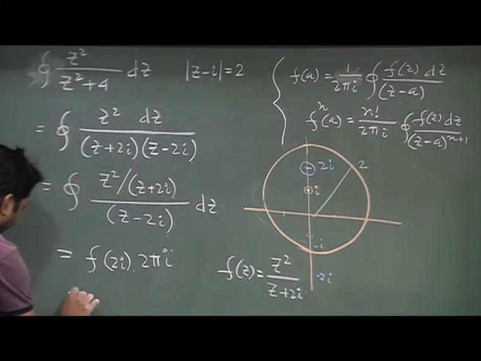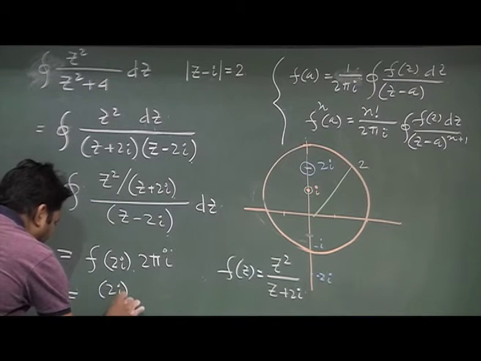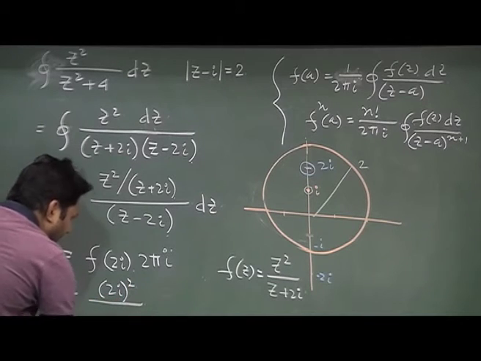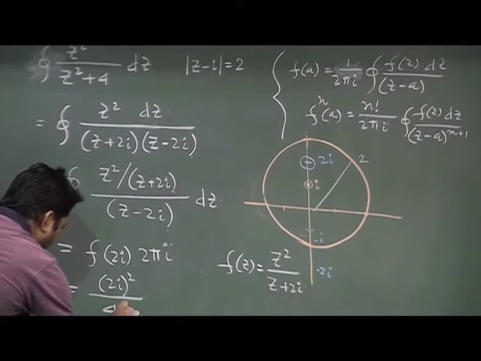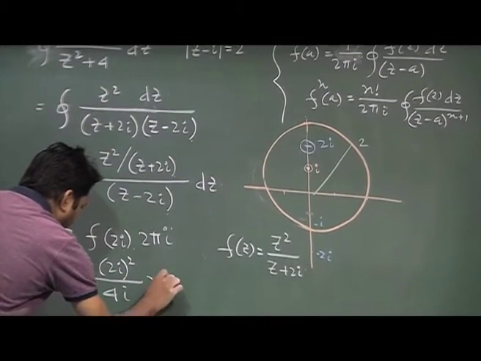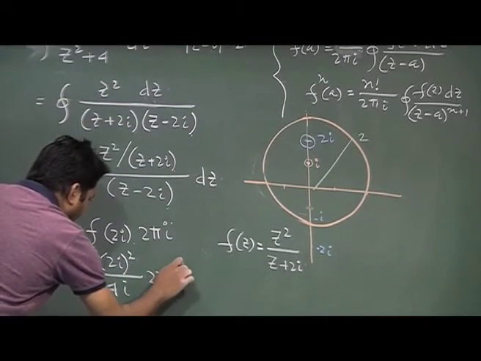The function at the 2i point means z square, which is 2i square, divided by 2i plus 2i, which is 4i, then times 2 pi i.